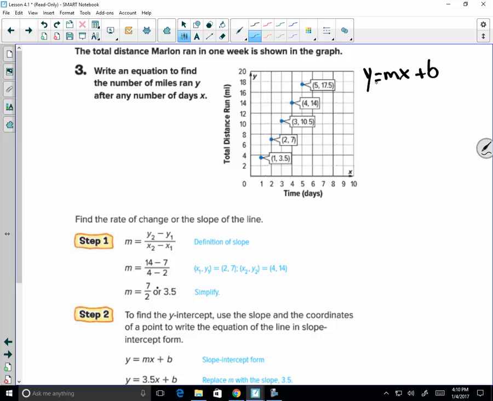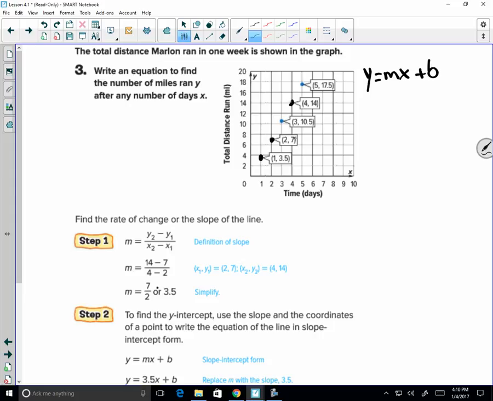This should be familiar to us. In order to do that, all we have to do is pick 2 points. If you look down here at their step 1, they did 4, 14 and then 2, 7. Well, you could really pick any 2 of these points. I like to choose the 2 lowest points.